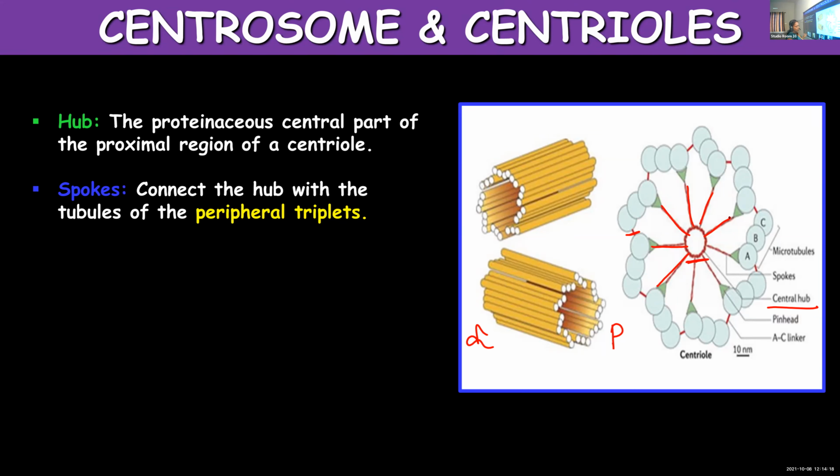Like when we learned about the structure of a nephron in a kidney, we learned the proximal tubule and distal tubule. The part lying closer is proximal, and the part away from that is distal. And spokes are the structures which connect the hub with the tubules of the peripheral triplets.